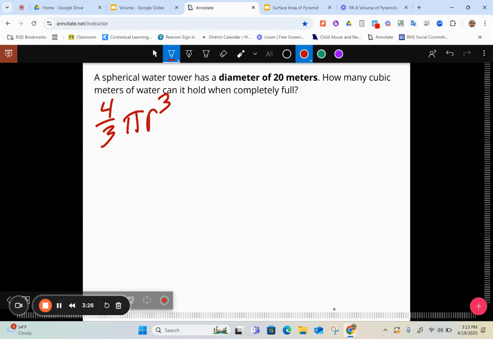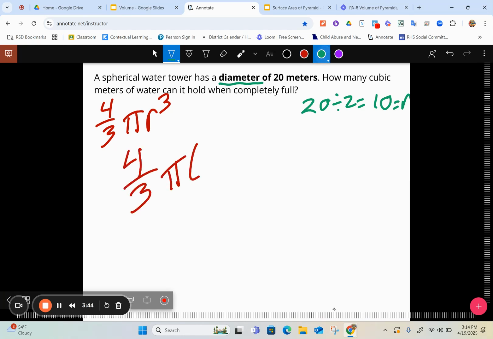It has a diameter of 20, so remember, we have to find the radius. Since this was a diameter, we take 20 divided by 2 to get 10 for the radius. So we'll type in 4/3 pi, and we're going to use 10 to the third.